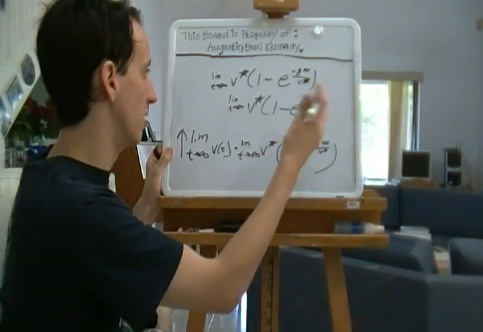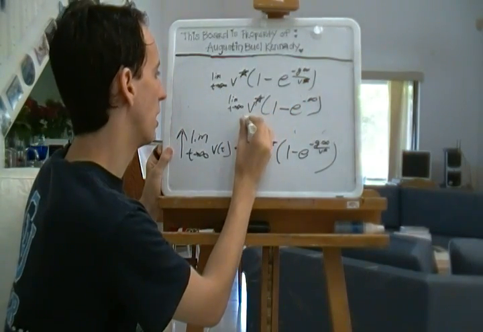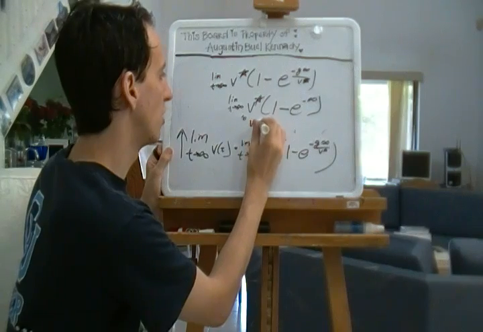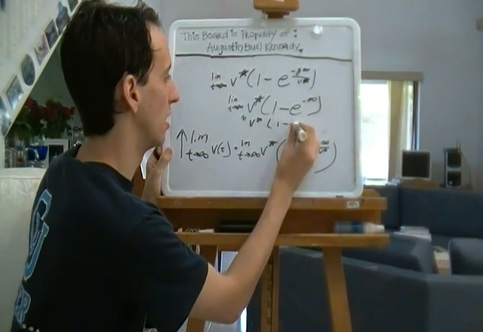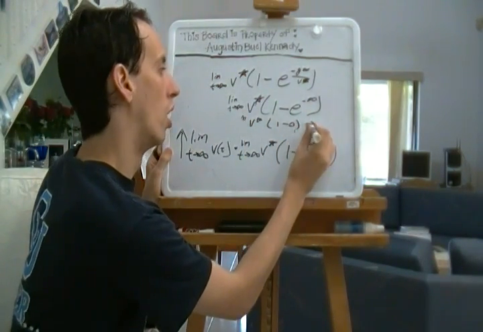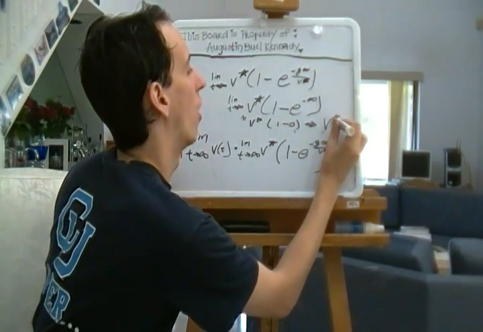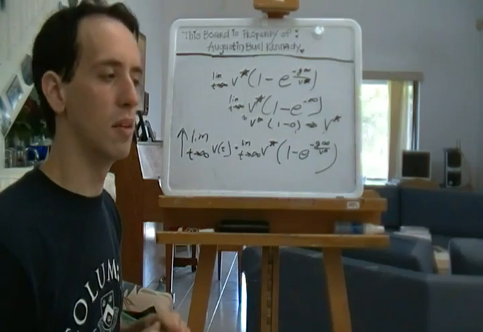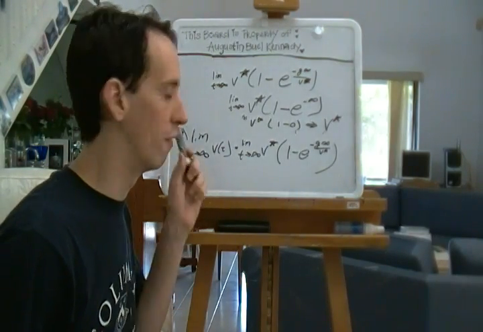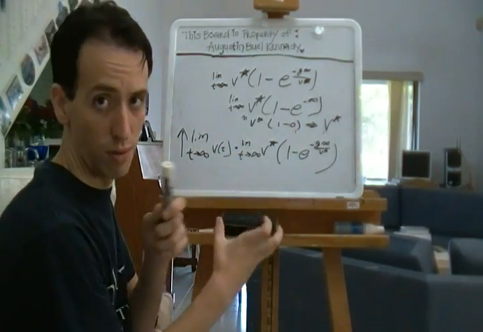The limit of that is 0. And we get v star times 1 minus 0, or v star times 1, which is just v star. So the answer is that the limit as t approaches infinity of v of t is v star.